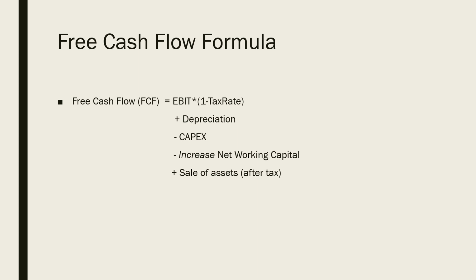You'll sometimes just see us calling this NOPAT, net operating profits after tax. Then we must add back the depreciation that went through in the income statement. We must subtract any capital expenditure for the equipment. We must subtract any increase, notice increase, in net working capital. And if we sell the assets at the end, we need to remember to add back the sale of those assets after tax.